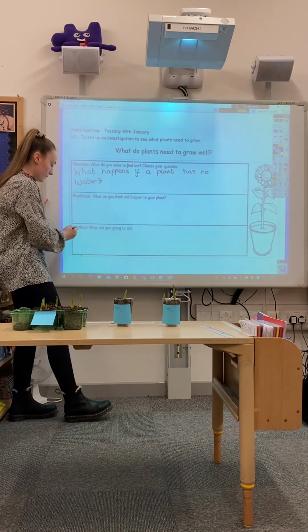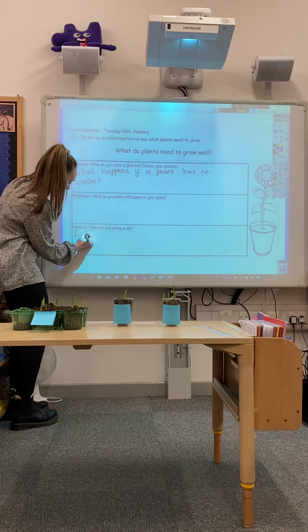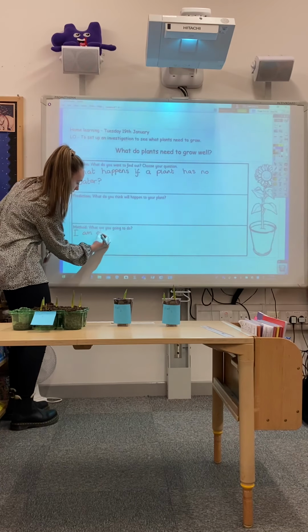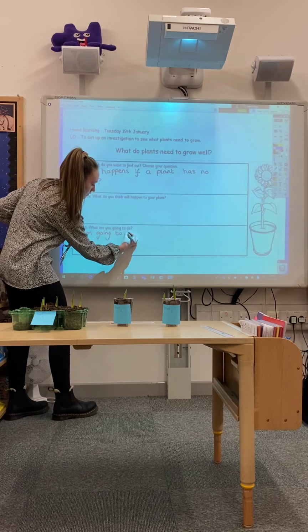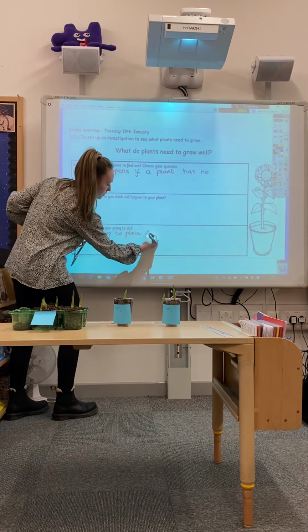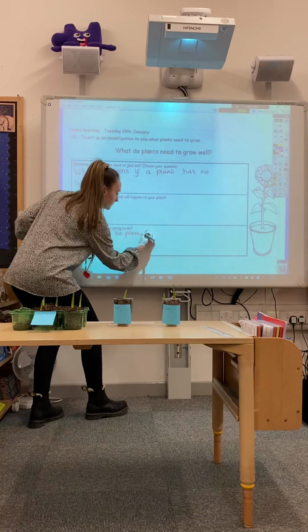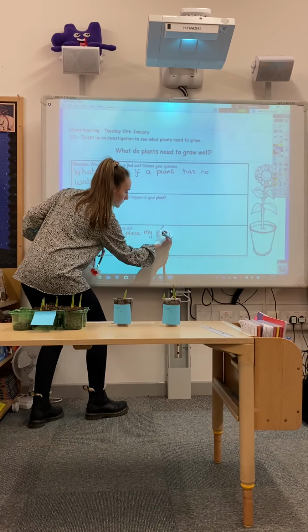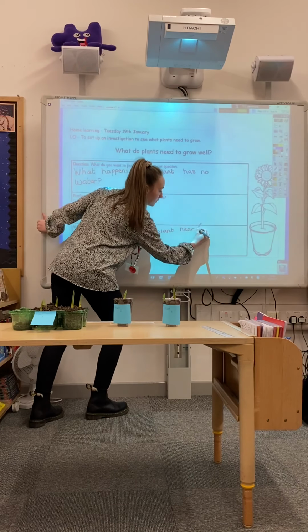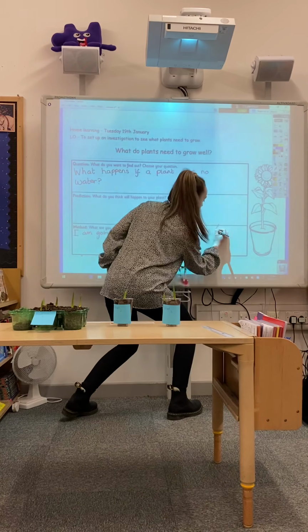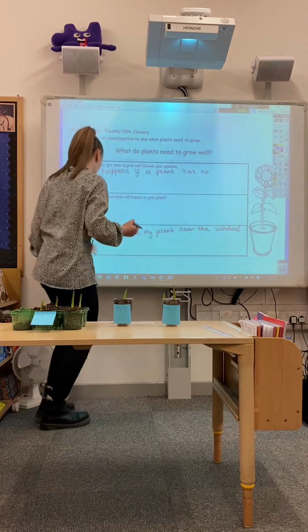So plant 1, we are going to place, so I am going to place my plant near the window without giving it any water.